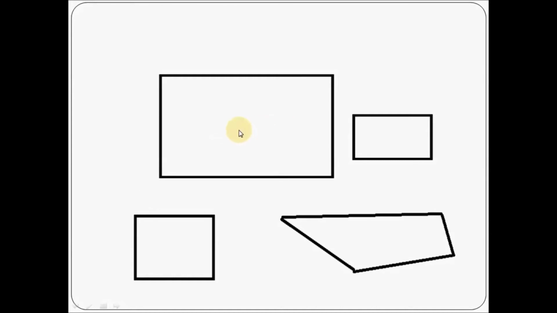I decreased the size of my object, but all the sides are decreased equally.